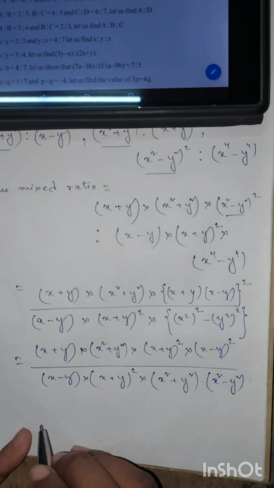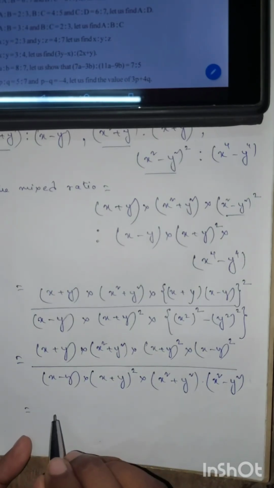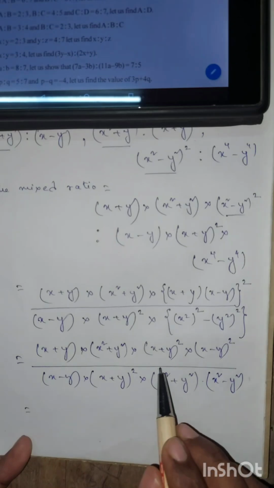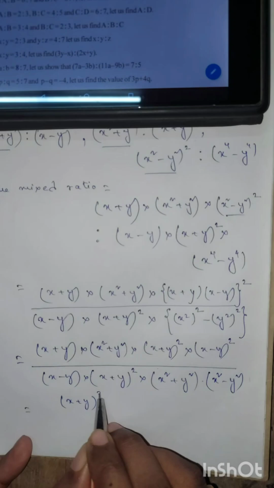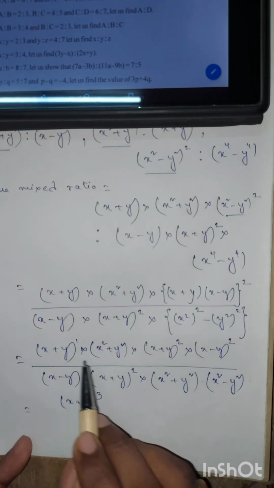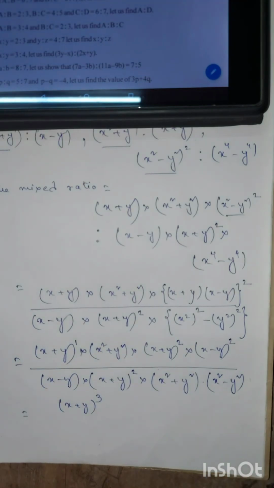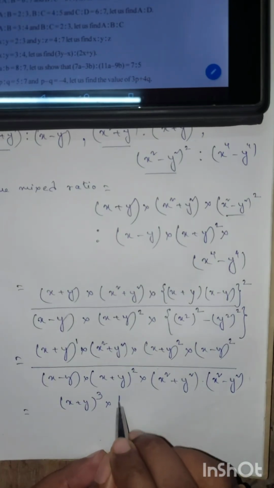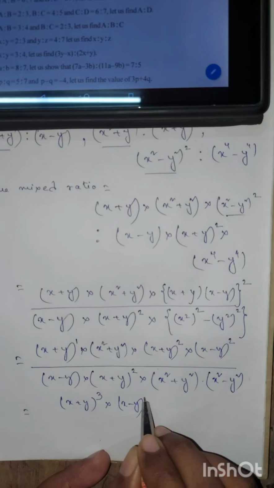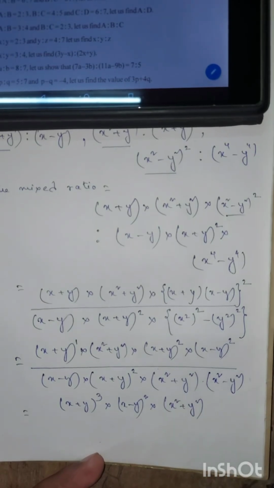Okay, let us do one more step. This is x plus y whole cube, x plus y to the power 1, x plus y to the power 2. So when they are combined, we are getting x plus y to the power 3 into x minus y square into x square plus y square.